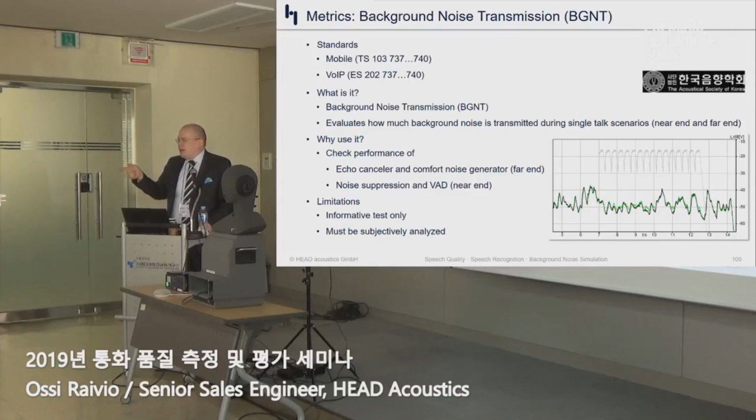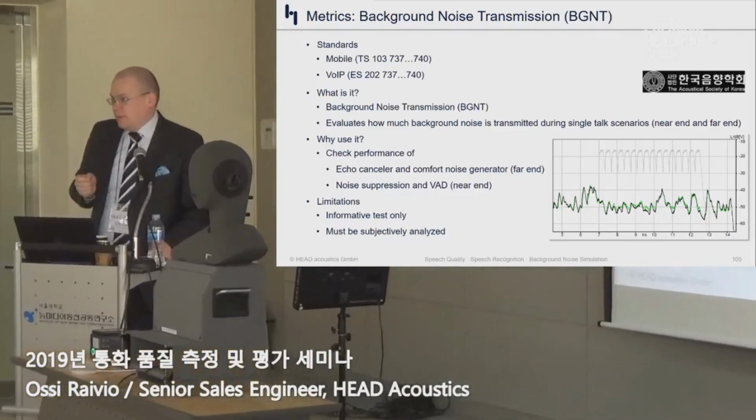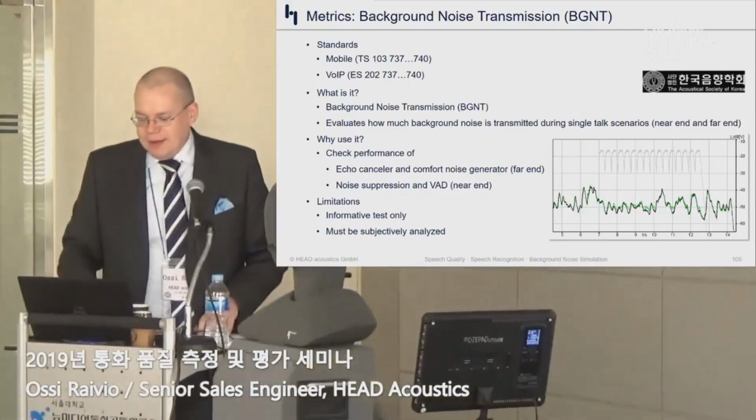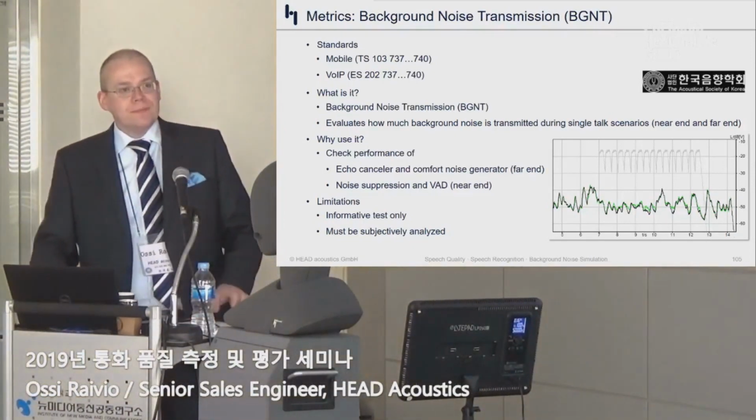The speech is either near-end, meaning the dummy head is talking, or far-end, which means it comes from the other side. So background noise transmission with far-end is basically an echo test during background noise. That's the specialty here: we do these tests in the presence of background noise.